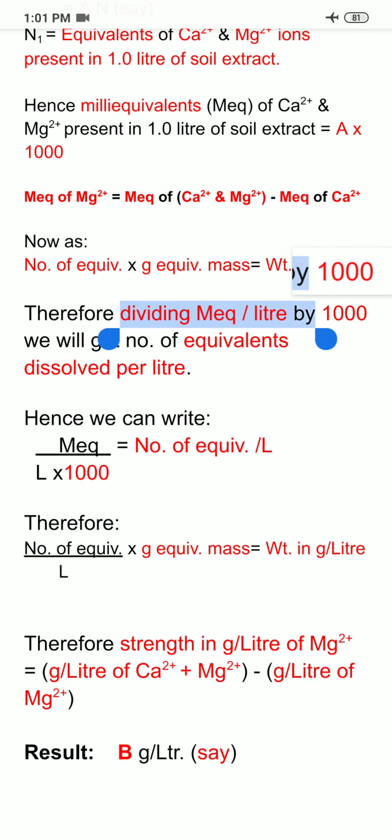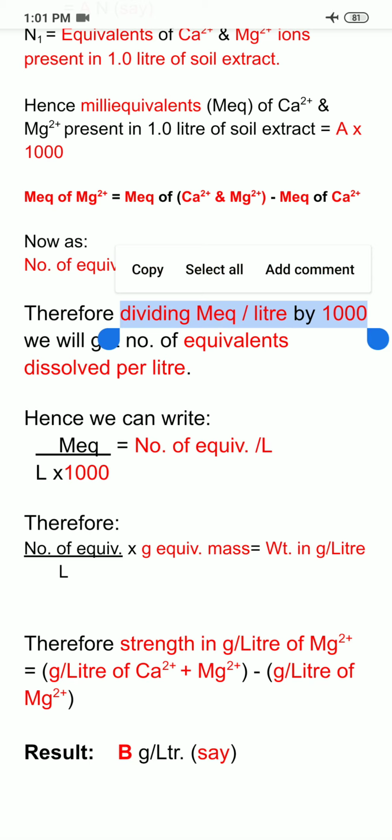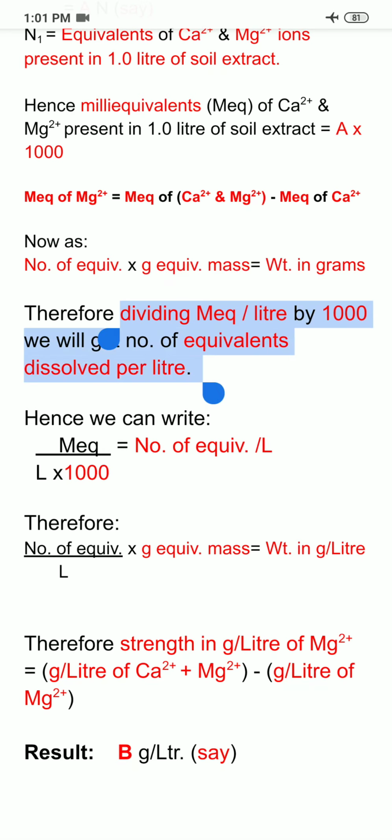Now if I divide milliequivalents per liter by 1000, then I will get equivalents dissolved per liter. This is similar to when I have 1000 ml and want to convert it into liters, so I divide by 1000, and 1000 divided by 1000 will be equal to 1 liter.